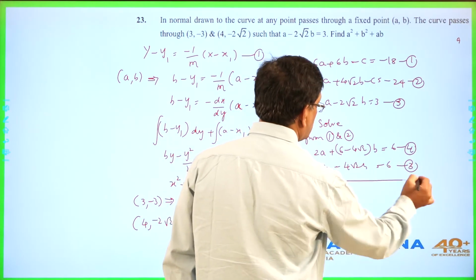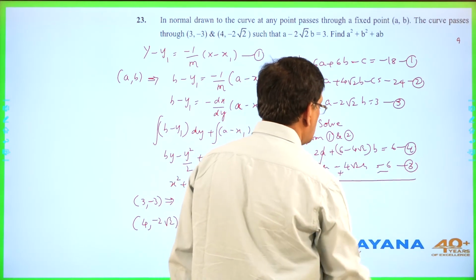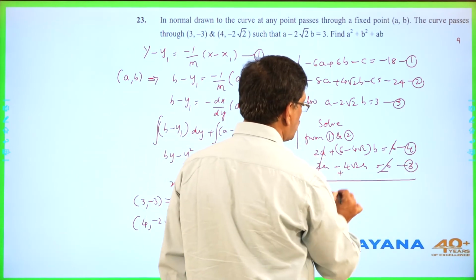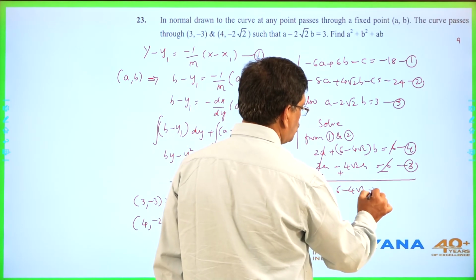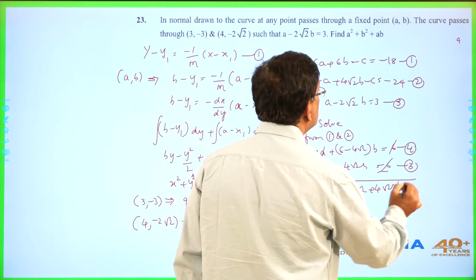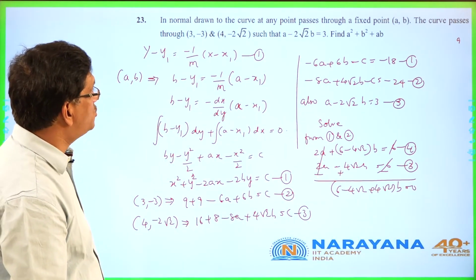Third equation. If you subtract, you will get the b value first of all. That 6 also can be cancelled. It is 6 minus 4 root 2 plus 4 root 2 of b equal to 0. So b is 0.